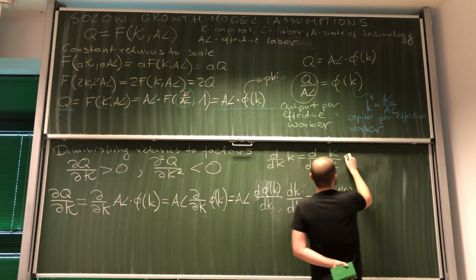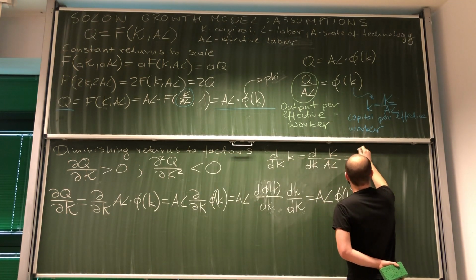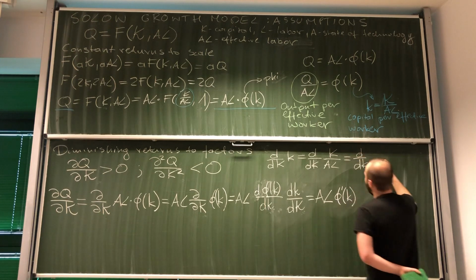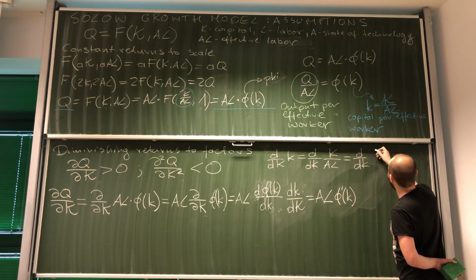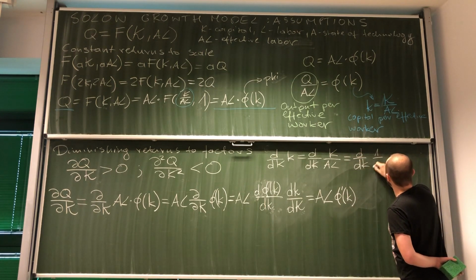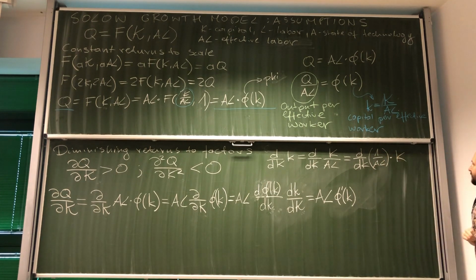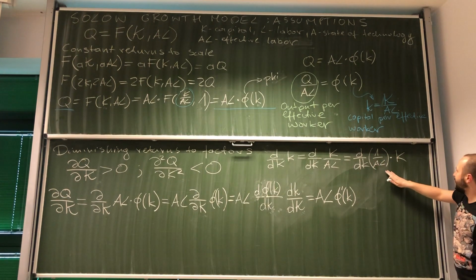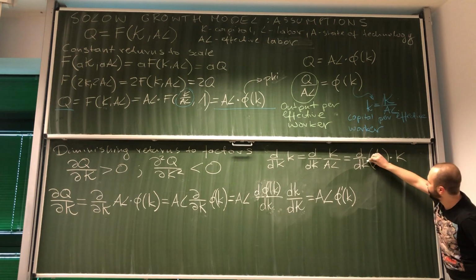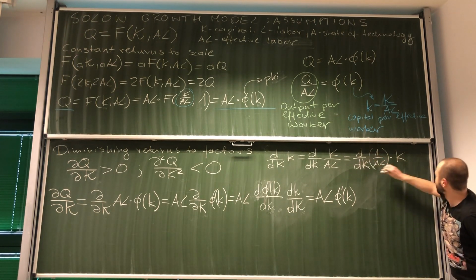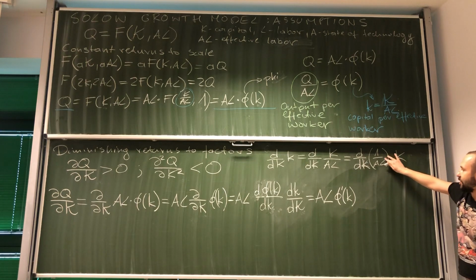So this, in turn, is the same as calculating derivative out of 1 over AL times K, right? So look, because here we've got capital K, this is a constant.